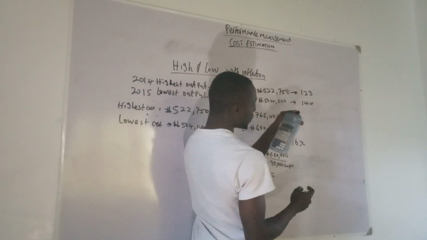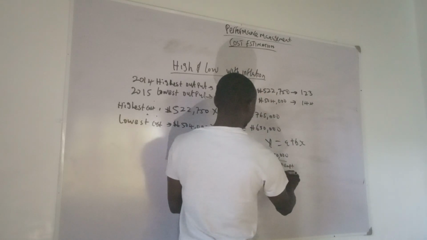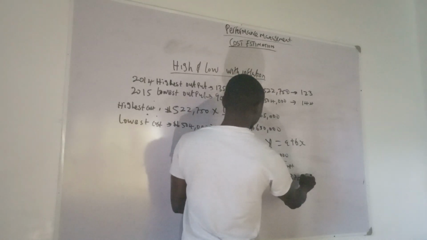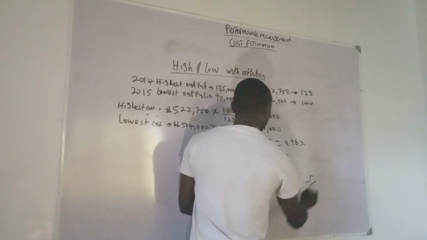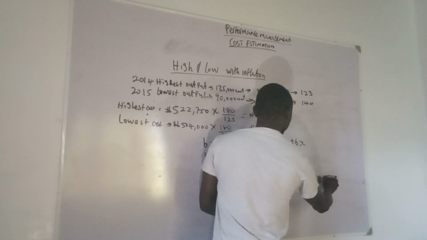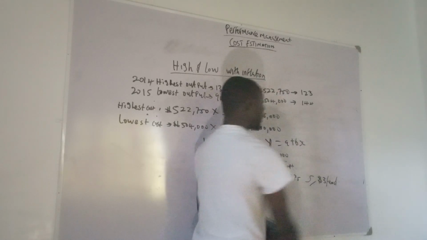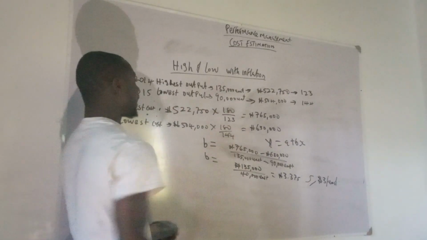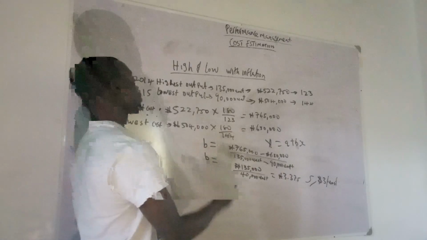So this gives 3 naira 375. You can leave it as 3 naira per unit, to 1 decimal place. So this is your variable cost per unit.